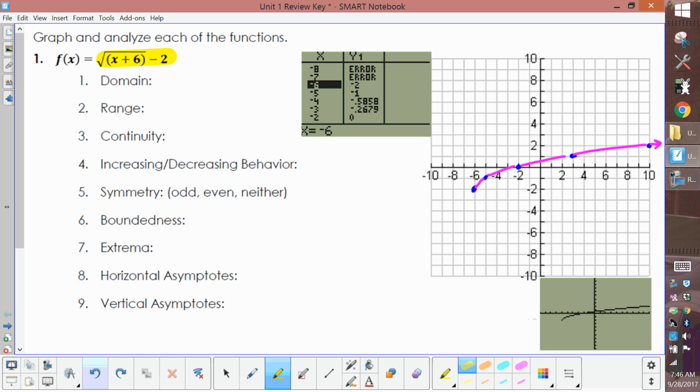Now, I'm going to look at the table and the graph, and I'm going to think mathematically in order to do the domain and range. So to start, domain. Domain is all the x values that are allowed to be plugged into the math. And remember, the rule is I cannot have negatives under the radical sign. Okay, and that's why -7 gives me an error, -8 gives me an error.